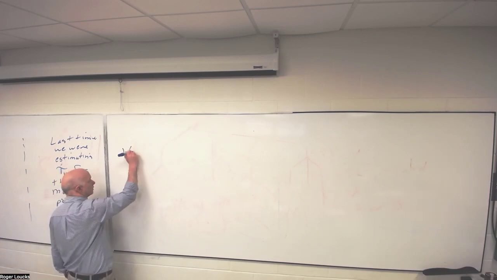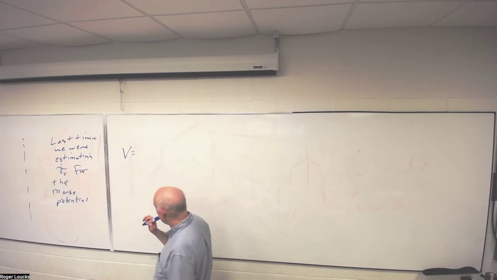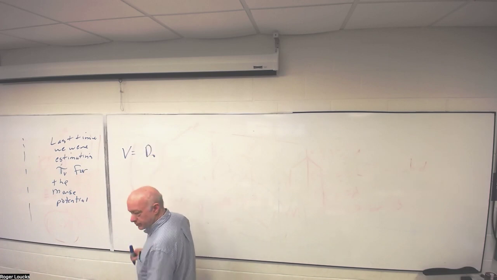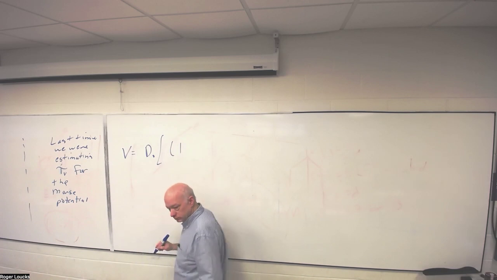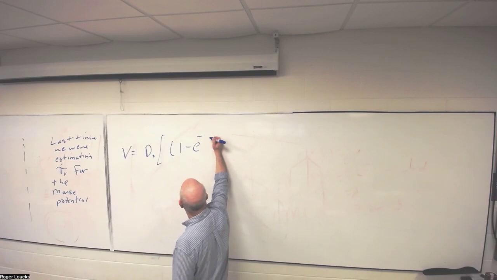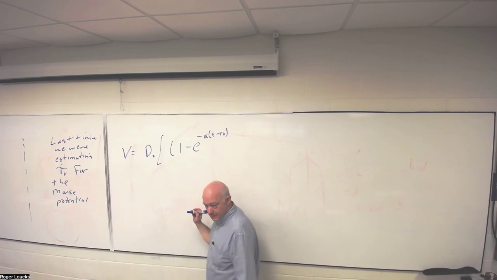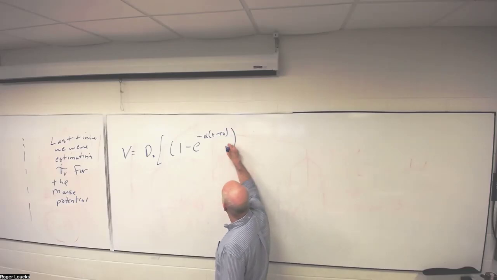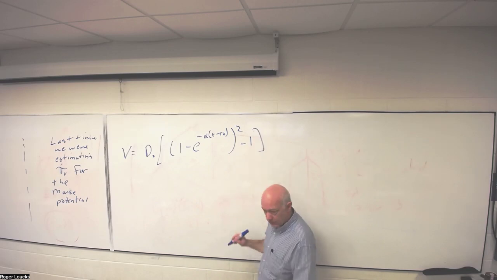So that's our Morse potential. What was our Morse potential? So with an exponential in it. We had C naught to begin with. 1 plus, okay, we got a 1 minus e to the minus alpha (r minus r naught). Close the parenthesis, then that comes in squared, minus 1. That's what we have there.